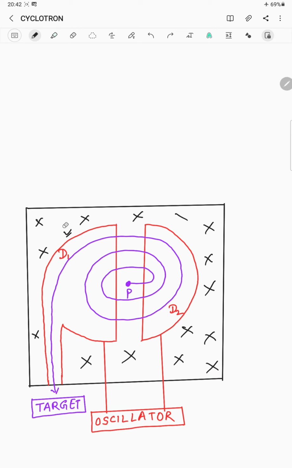Then you keep either proton or alpha particles here. They accelerate. They will move in this circular path, the purple color which I have shown, and they will come out in this path to hit the target. And in between this D1 and D2, there is an oscillator whose job is to change the polarities of the D's after certain time intervals.